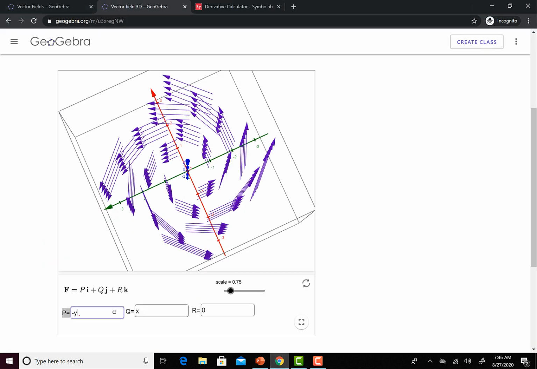So what we're going to do is x squared plus y squared, whole to the power 3 by 2.